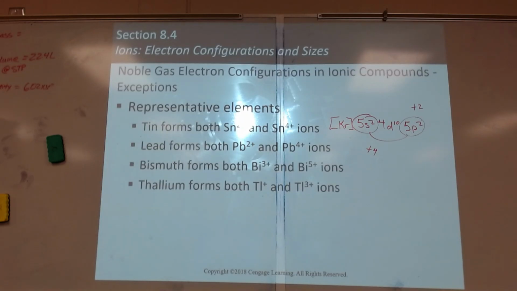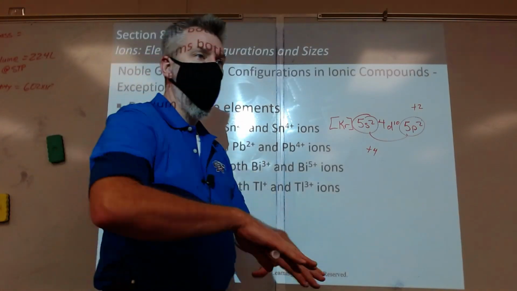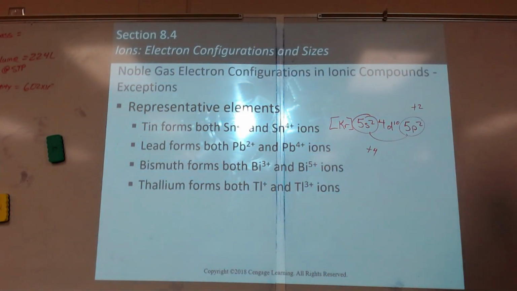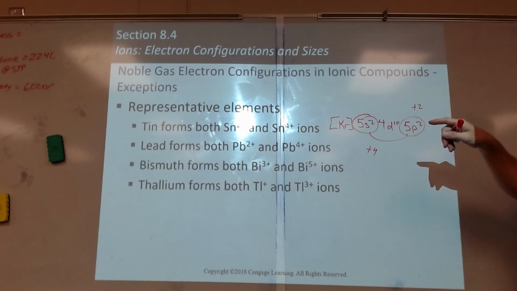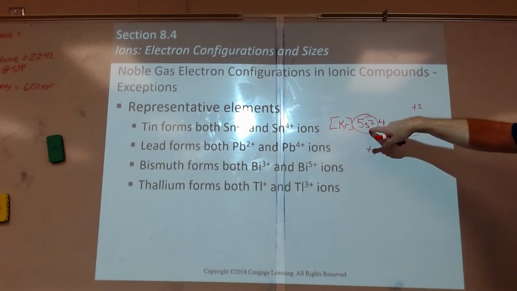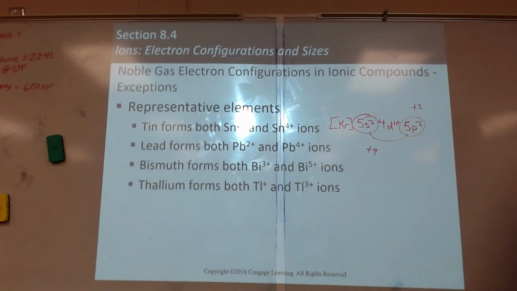Notice my d electrons are going to stay in place, and that's because they're taking up that space underneath the 4s and 4p. Okay? They're actually below these guys. Oh, I get it. These are your valence electrons. Yeah. This is the point here.